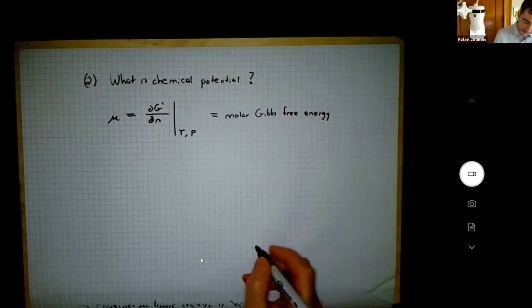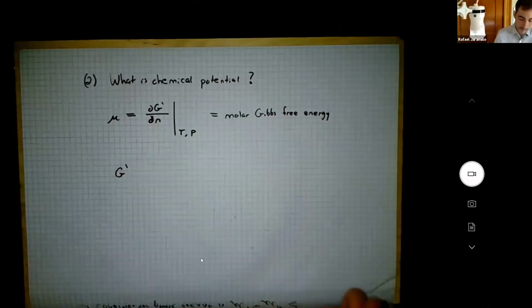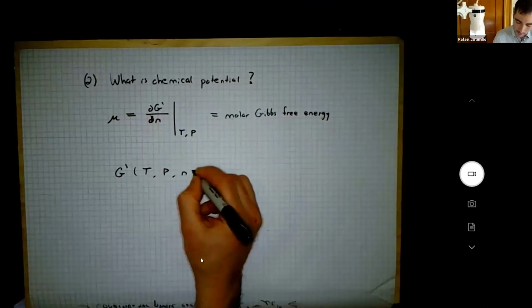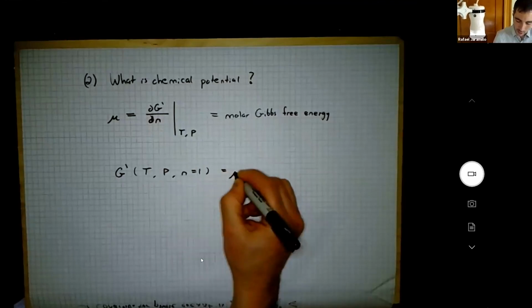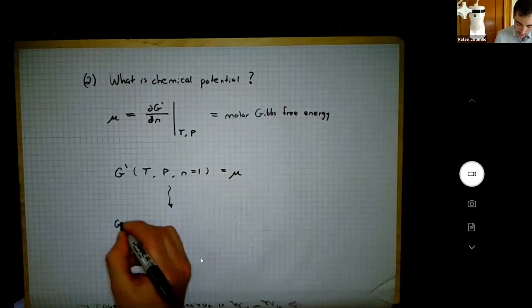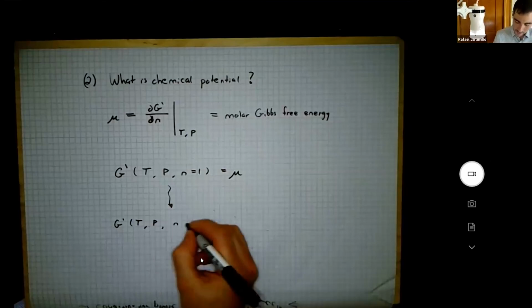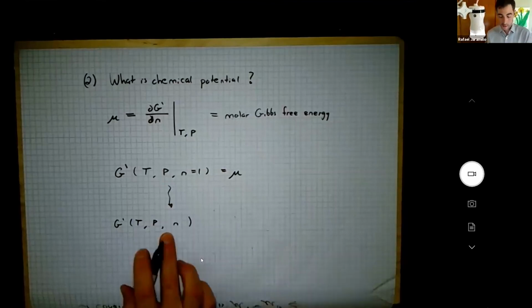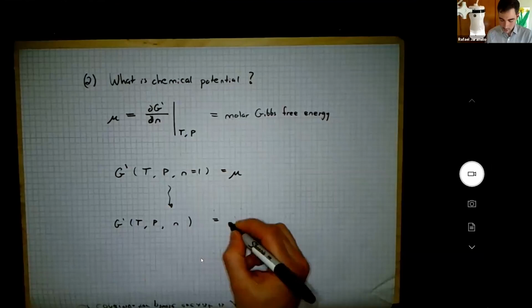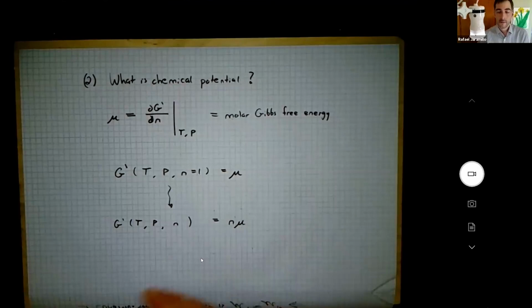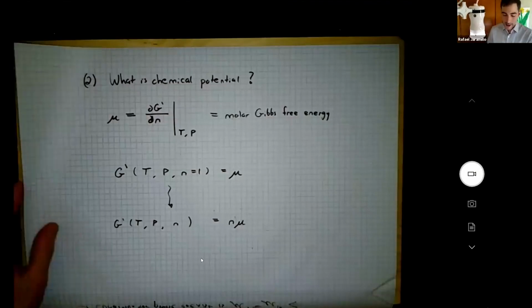So if you have a system for which the Gibbs free energy at T and P and 1 mole equals mu, then the Gibbs free energy for T, P, and some arbitrary number of moles equals N times mu. Okay, so that's what chemical potential is.